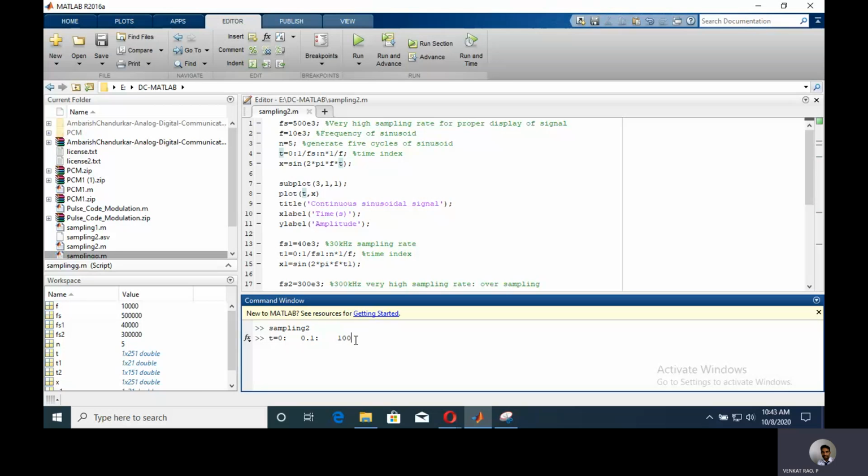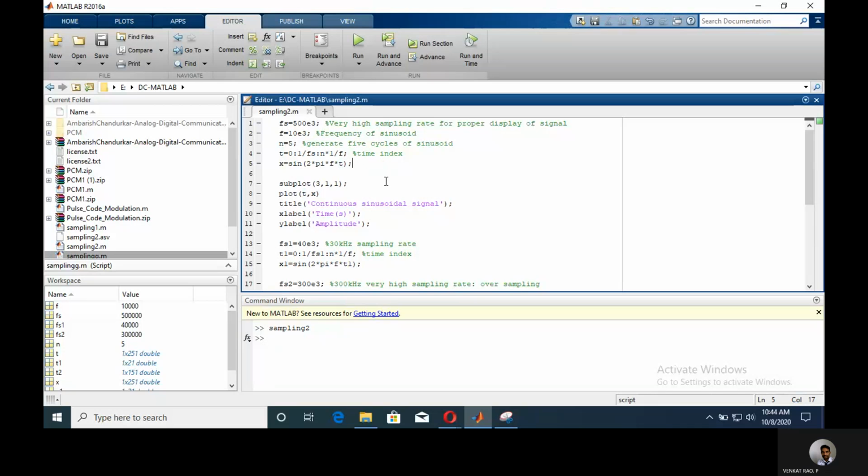So this must be selected based on the frequency of the input signal and how many cycles we need to have. For example, here in our case, we are considering practical values of sinusoidal frequencies. In general, in MATLAB examples, we take f equal to 100 or f equal to 10 like that.